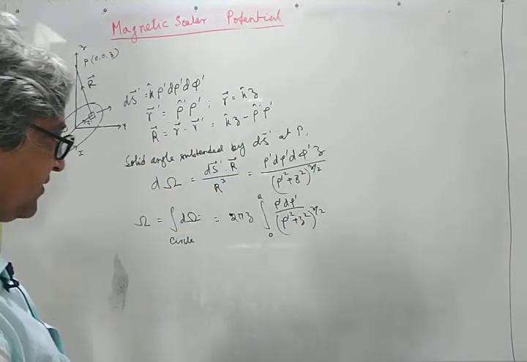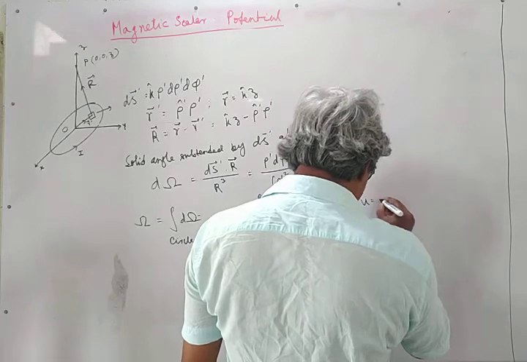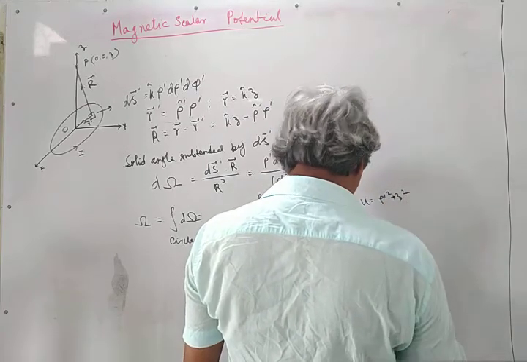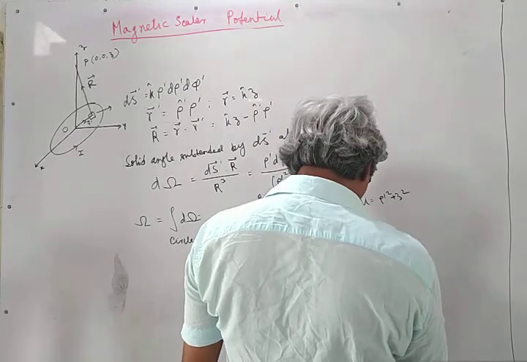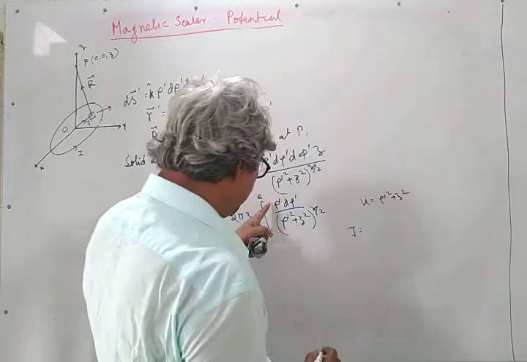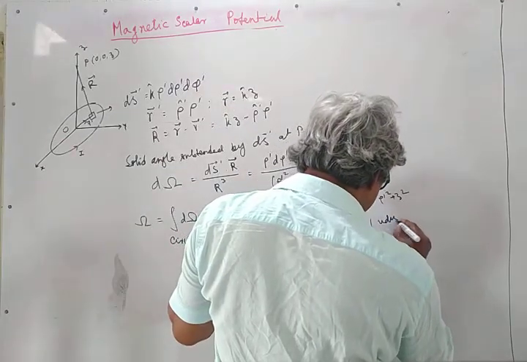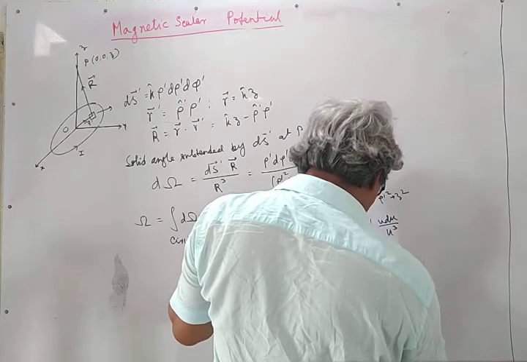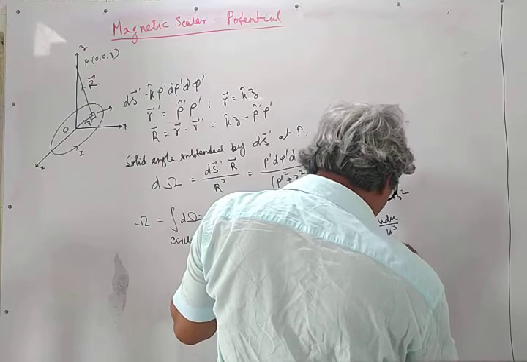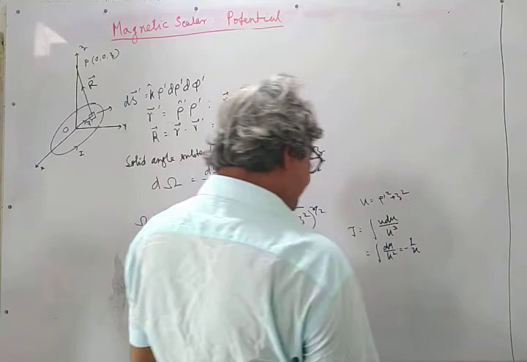Now if we use the substitution u equal to rho prime square plus z square, then in the numerator we will have u du, and in the denominator it is u cube, so the result is du upon u square, that is minus 1 upon u.